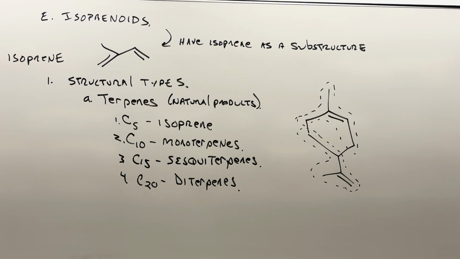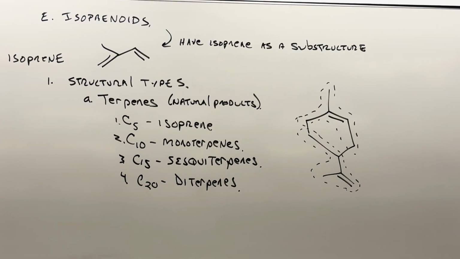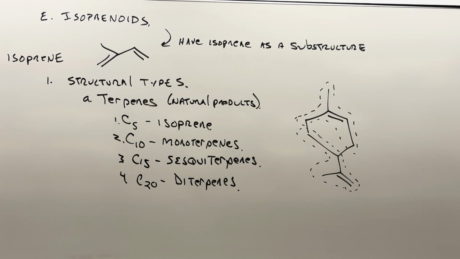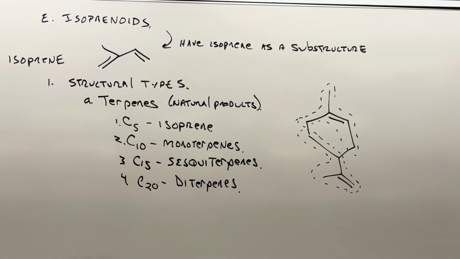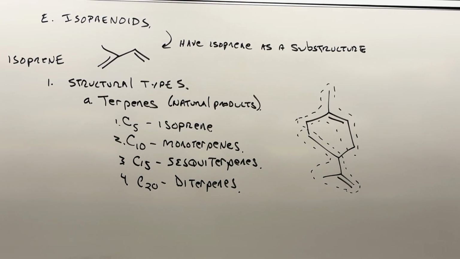Next, we'll talk about sterols and steroids. These have 30 carbons, so they're C30, and they contain 4 fused rings, at least derived from molecules that contain 4 fused rings. So a fused ring system like that makes up what's known as the steroid nucleus.